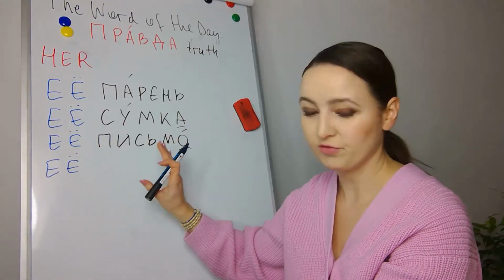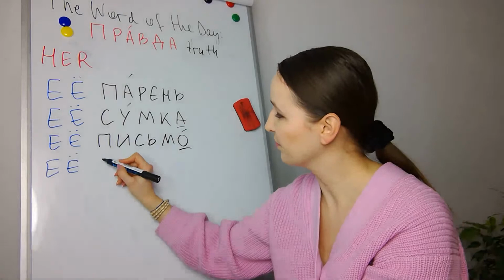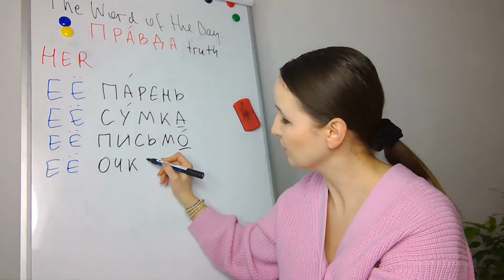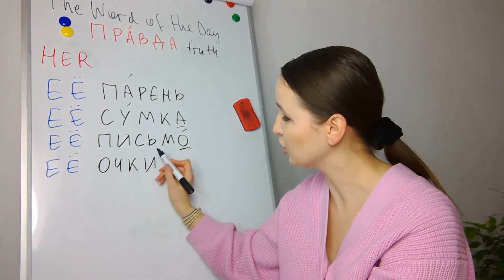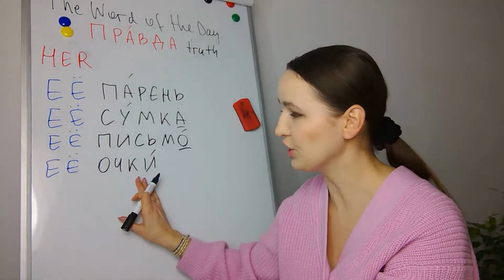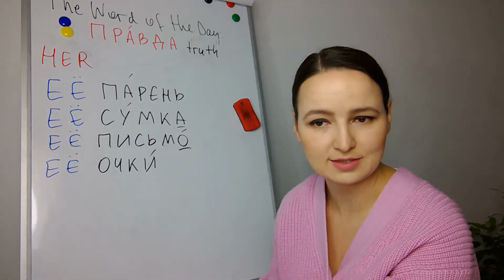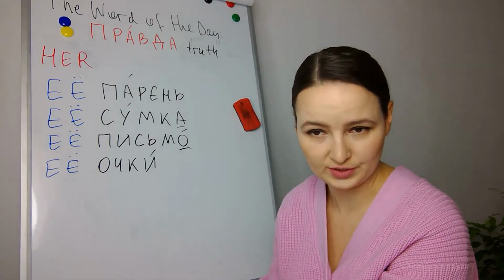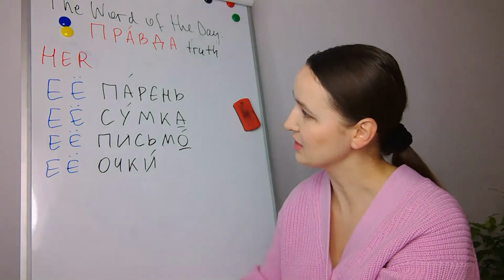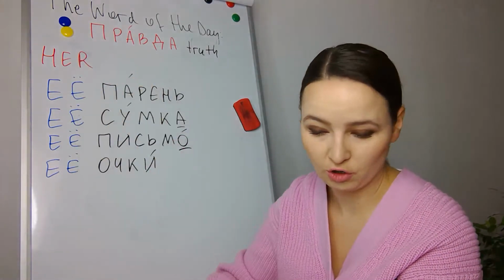Her, for example, очки. Eyeglasses, очки. In Russian as well as in English, очки are in plural. Её очки, her eyeglasses. Молодцы. So this is about her.